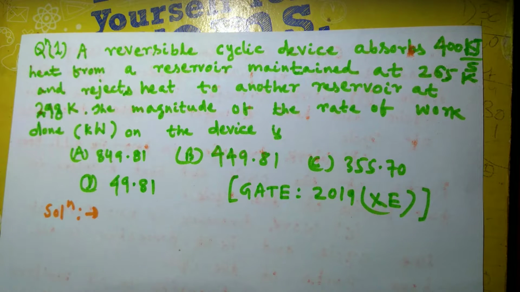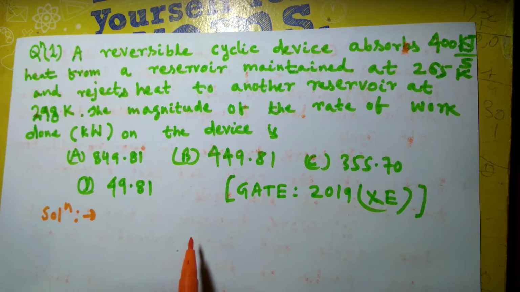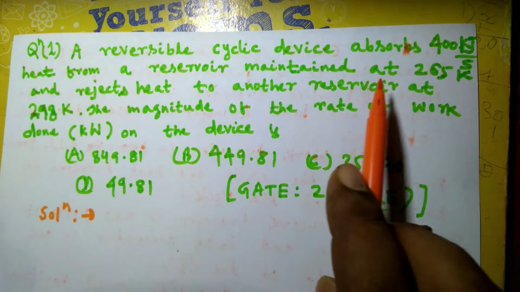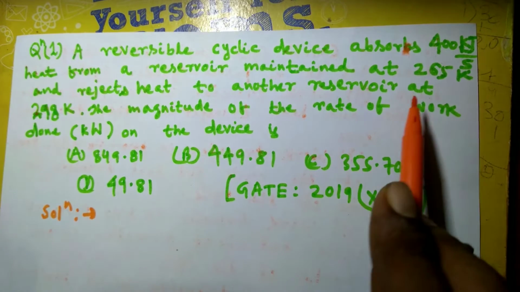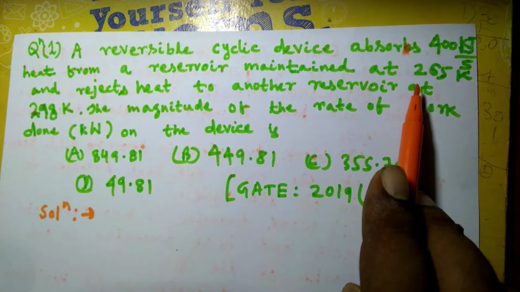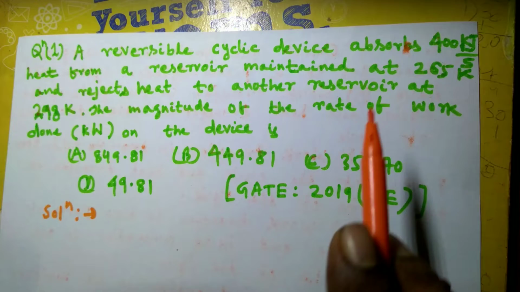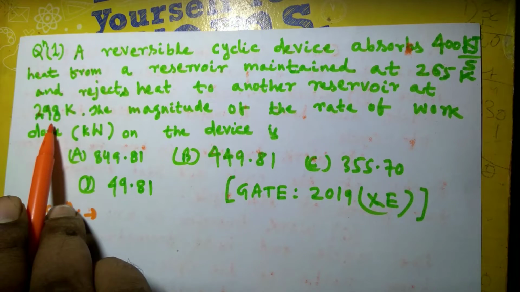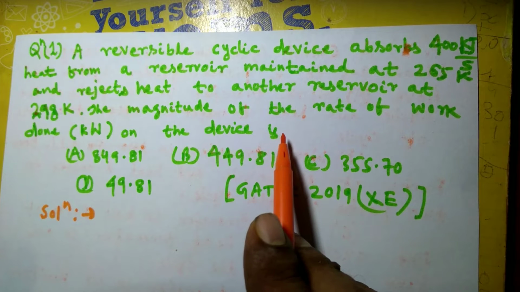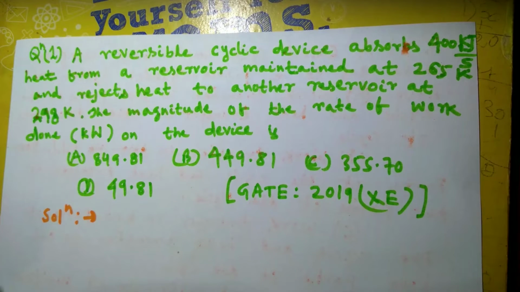You see, this is a work consuming device because the heat is absorbed by this particular cyclic device from a low temperature reservoir, that is TL is 265 Kelvin, and rejects heat to another reservoir which is a higher temperature TH. And obviously when a device like a refrigerator and heat pump transfers heat from low temperature to high temperature, some work is consumed.